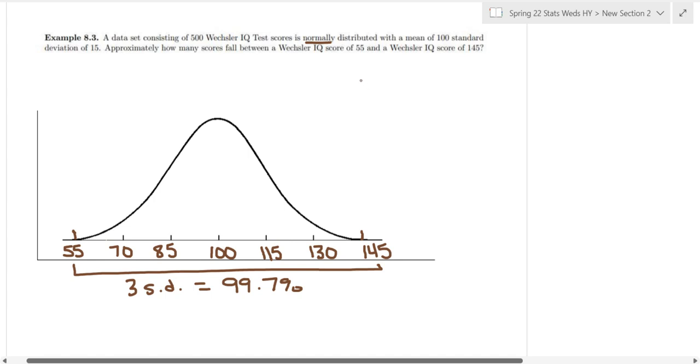So let's see how many that is. 99.7% of 500, which means we would do 0.997 times 500.